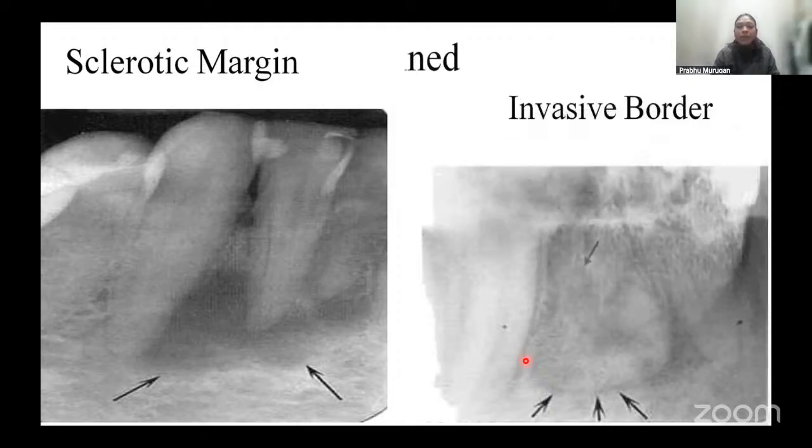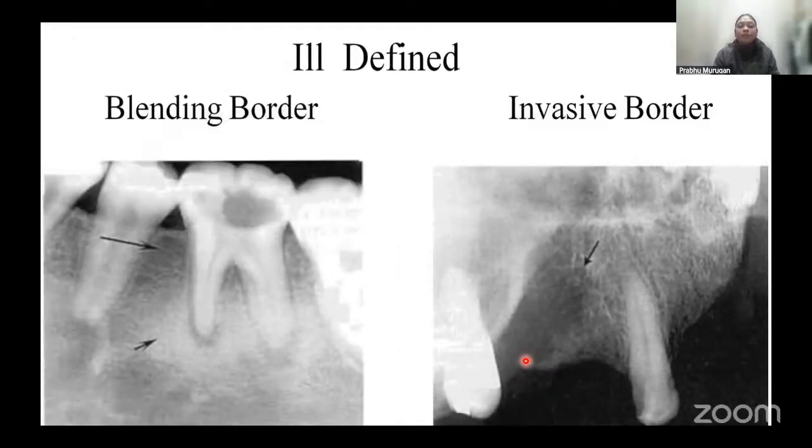Okay. So if it is a non-aggressive lesion, in case of your abscess and all that, it can have a blending border, which means it is non-invasive in nature. That is, the margin of the lesion will be blending with the surrounding bone. Okay, so this is called a blending border, mostly for non-aggressive lesions.